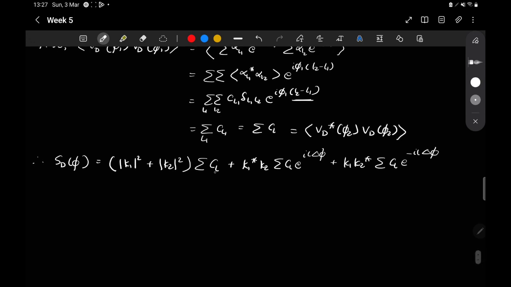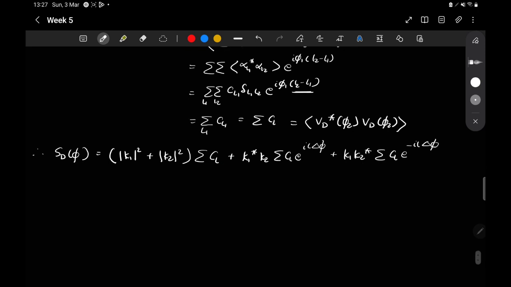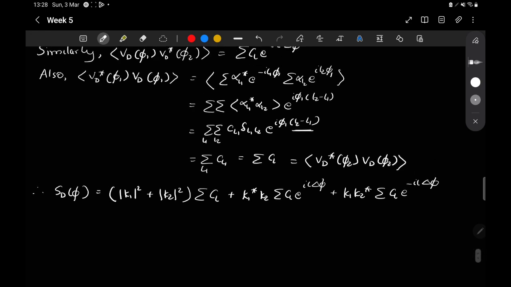Or sorry, so this will be in the next question. We will see by plugging in the values of CL. So this is for part A. We found out the intensity at the detector, which involves the terms CL and delta phi.